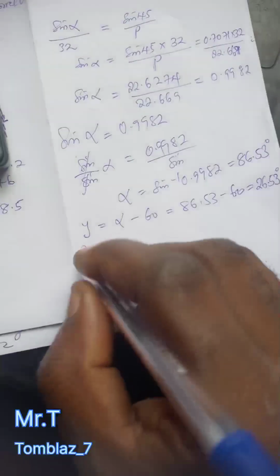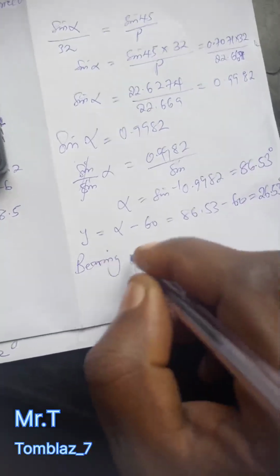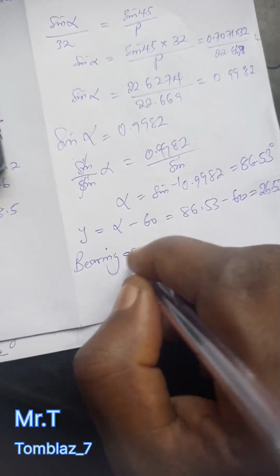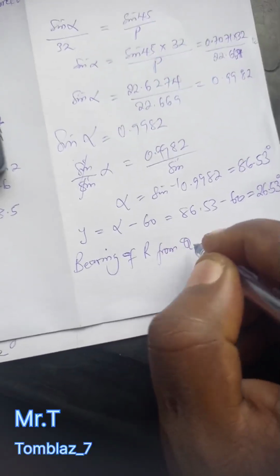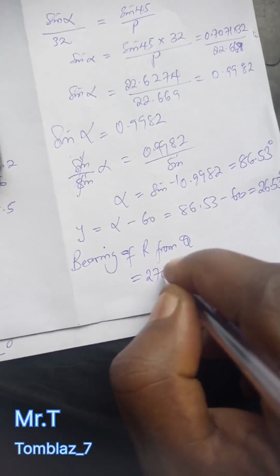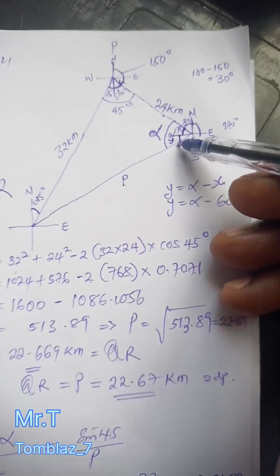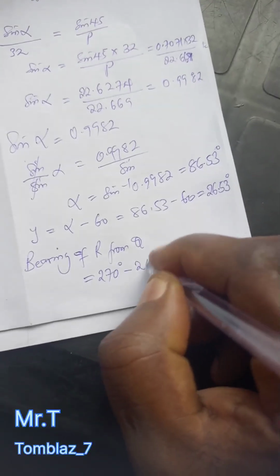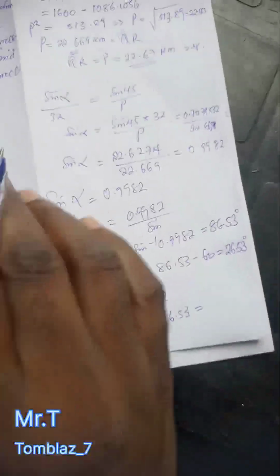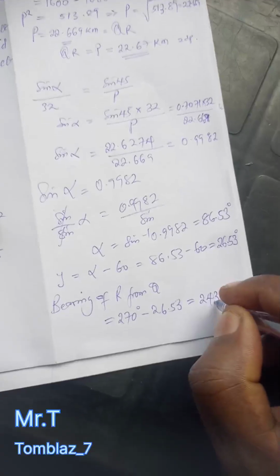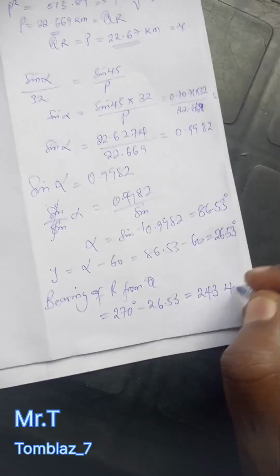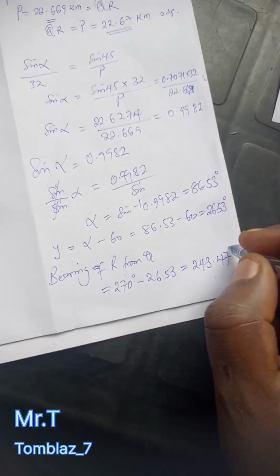So now that we have gotten y, we can then get the bearing. The bearing of R from Q will be equal to 270 degrees minus y, right? So 270 minus 26.53, and subtracting, we have 243.47 degrees.